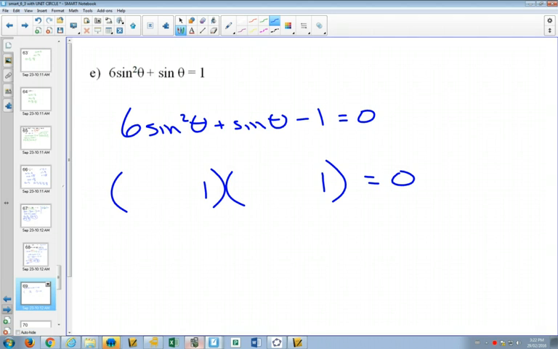So you can see right away it can't be 6 and 1, because my outside and my inside would be 6 and 1, and I never get 1. But if I use 3 and 2, that can give me 1. I would need my 3 to be positive, my 2 to be negative. Do a quick check. Does that multiply out to be what it should be? Yes, it does.